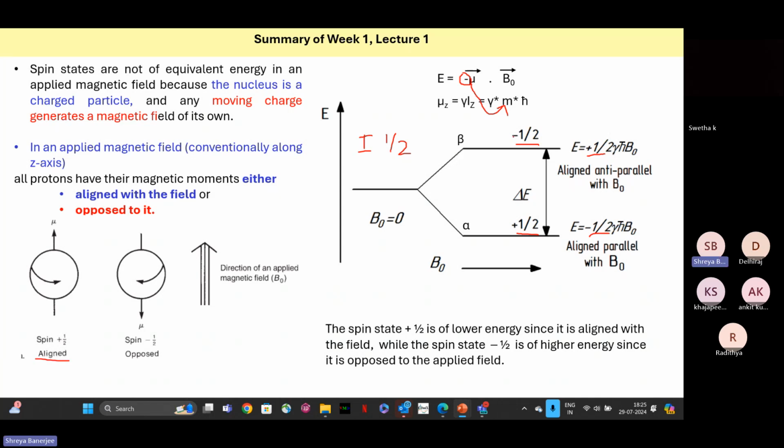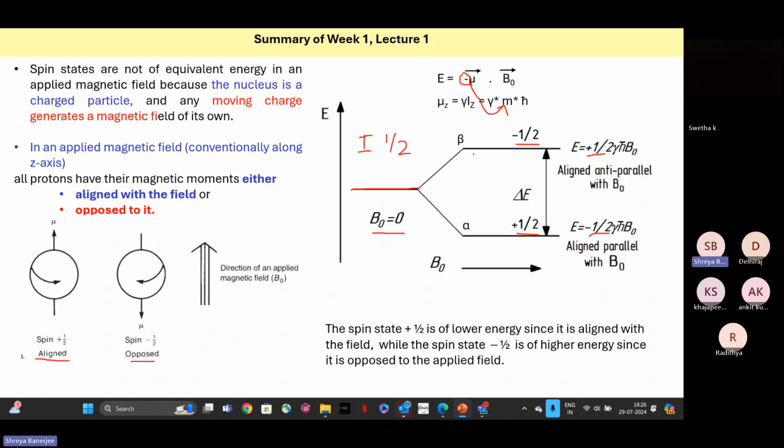And when we have negative m values, energy becomes positive again due to the minus sign, and that is said to be opposed. So this is how, in the presence of an external magnetic field B0, the energy state behaves. Here you can see a single line. That means alpha and beta have equal energy when the external magnetic field is zero.